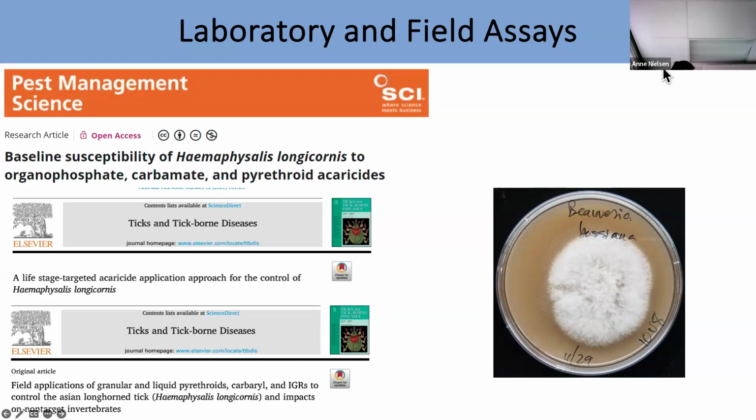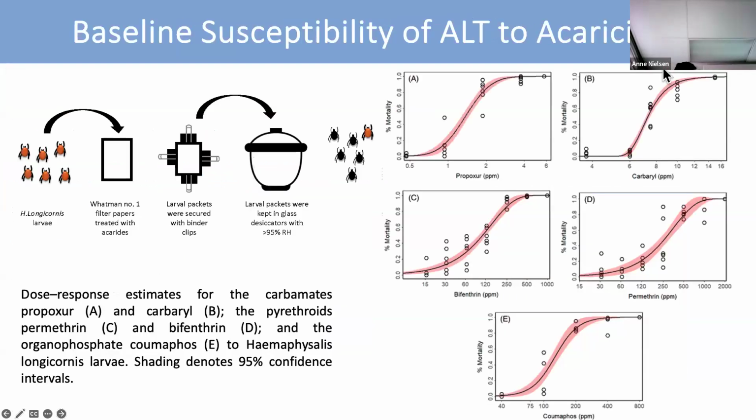The first study that I'm going to show you here is the one that he recently published about the baseline susceptibility of ALT to acaricides. The way we conduct this study is we have longicornis larvae, and we put these larvae in what is called larval packets. These larval packets consist of Whatman paper that is treated with acaricides.